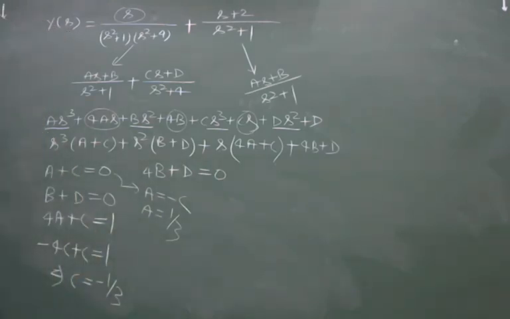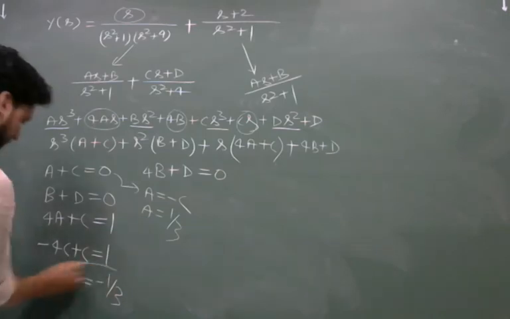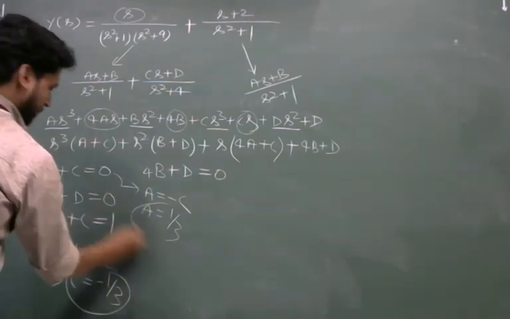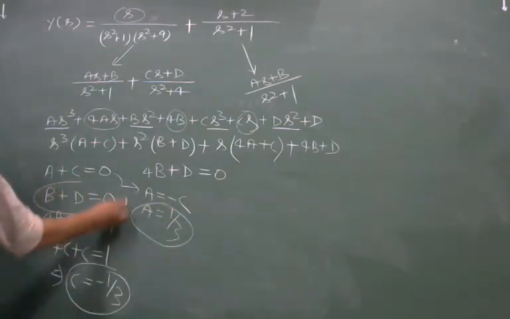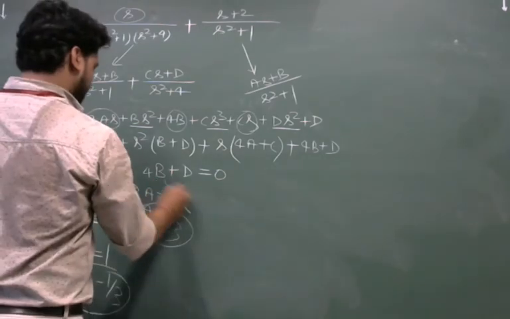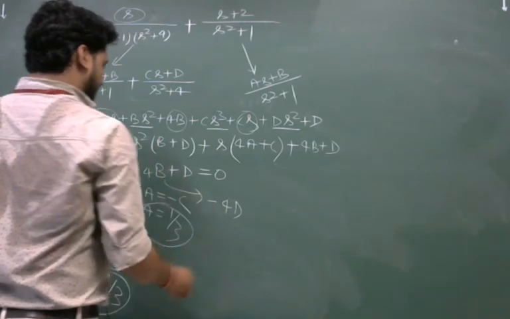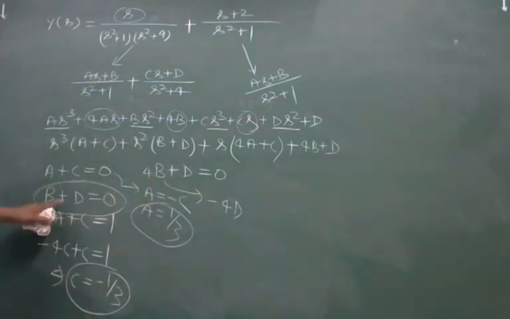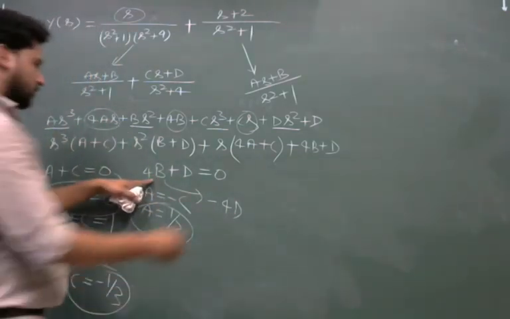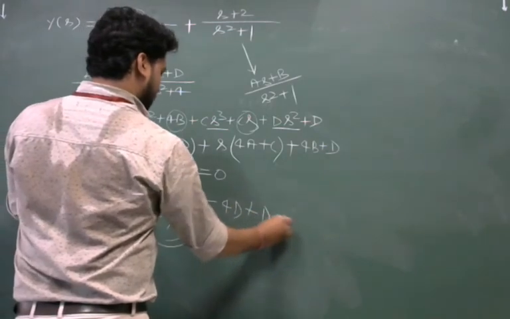So a and c are known. Now c is equal to minus 1 by 3, a is equal to plus 1 by 3, and b is equal to minus d. So if I put b equal to minus d, minus 4d plus d equals 0.